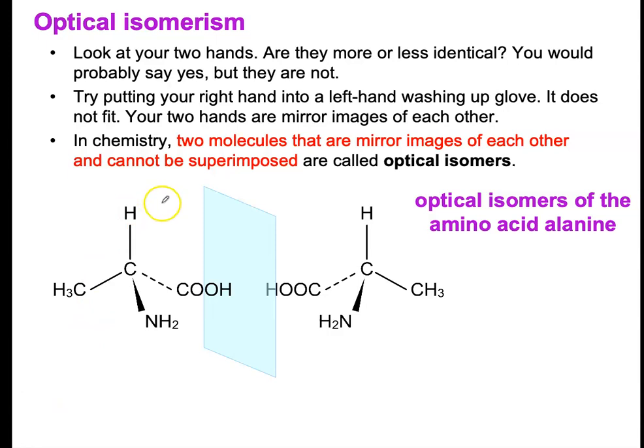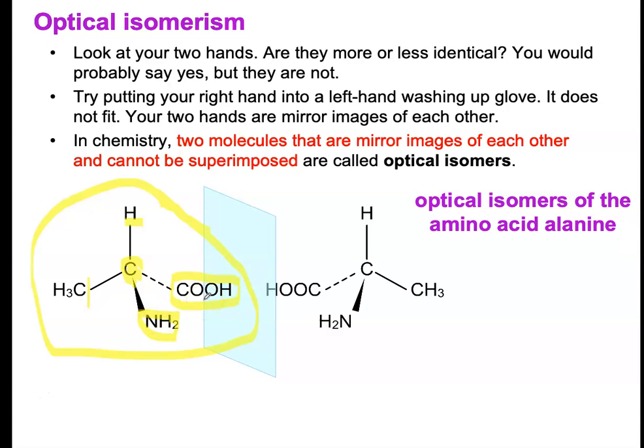Now this is an example of an amino acid. So those of you studying biology will recognize an amino acid. An amino acid is an organic compound that contains a carboxylic acid group and this NH2, which we call an amine group. So this carbon here, this is the carbon I'm highlighting now, we call this carbon chiral. It's got a hydrogen, a CH3, NH2, COOH attached.